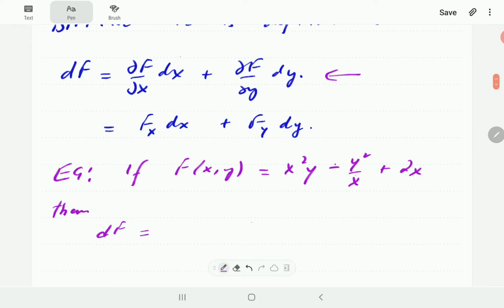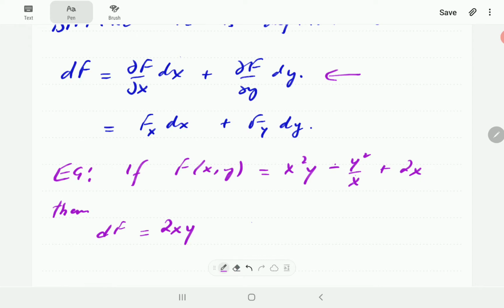Remember, when you do partial differentiation, you just assume that x only is the variable, everything else is constant. So here we're going to have dx, 2xy.